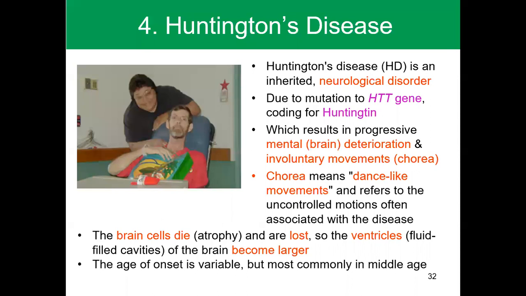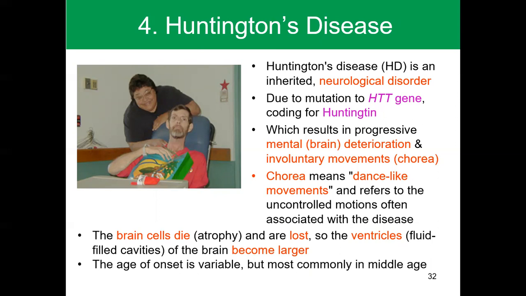Okay, the last disease we're going to look at is Huntington's disease. This is a dominant disease. So that means higher chances of getting it and higher chances of showing the phenotype. Okay. Huntington's disease is an inherited neurological disorder.